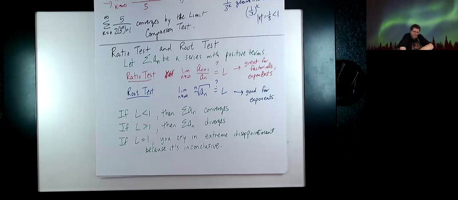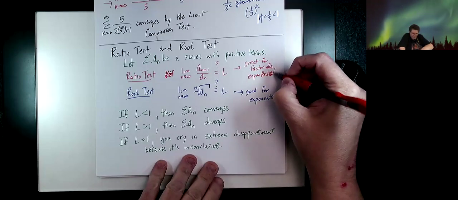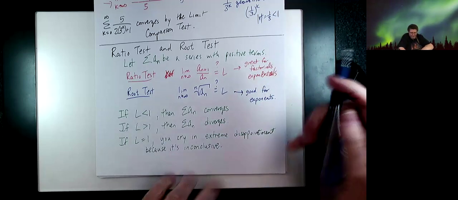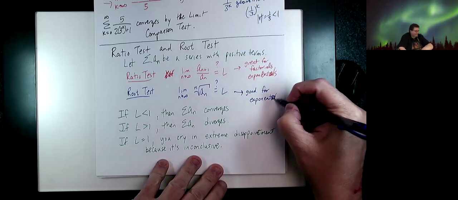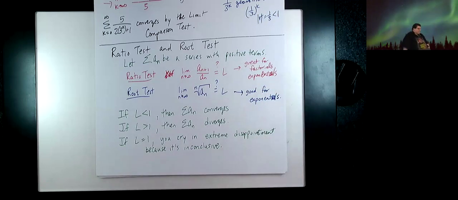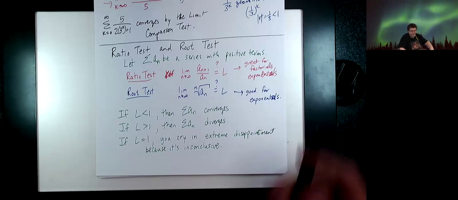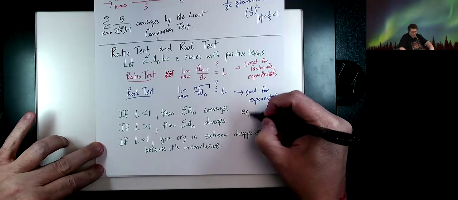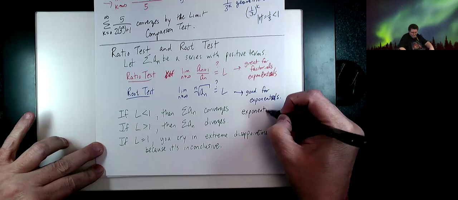I wrote exponents. Exponentials is a better way to say it. Polynomials have exponents. Exponentials have the variable in the exponent.